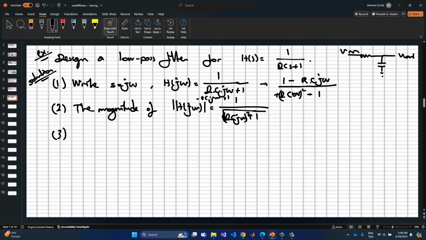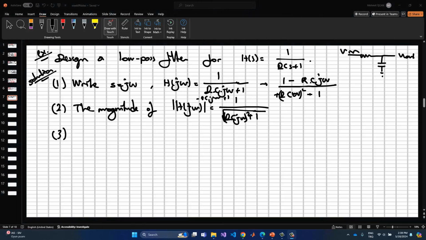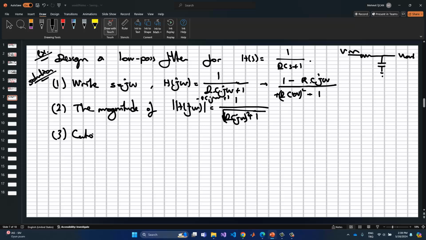So at the third case, we need to set the parameters of these terms. And so, in order to find out the cutoff frequency, we need to take this H(JW), which is equal to 1 divided by square root 2.